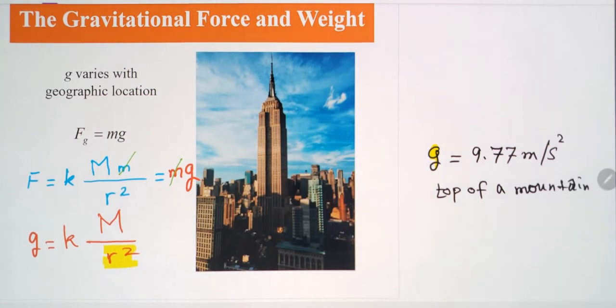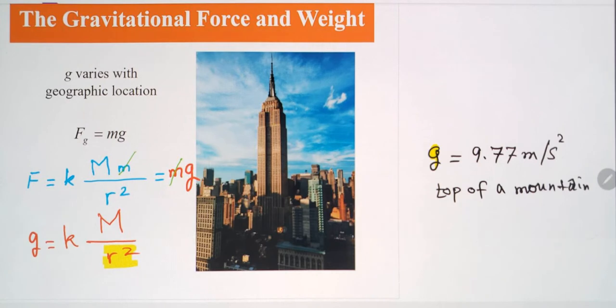Similarly, when you go into an airplane, and the airplane is 11 kilometer above the ground or 12 kilometer above the ground, your weight becomes less. Of course, how much less? Approximately 0.1 Newton or 0.2 Newton.